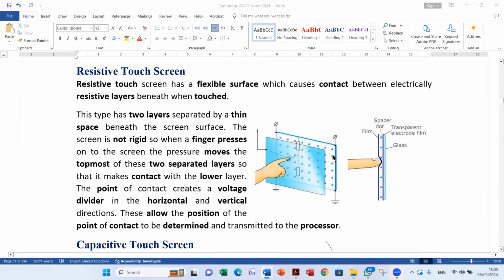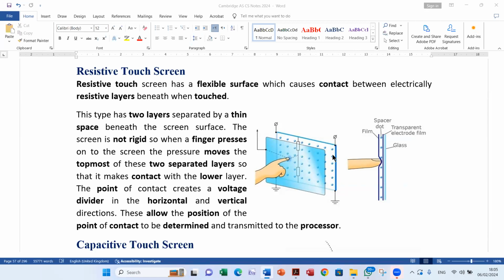This is the resistive touch screen. Look at this picture. The screen is a bit flexible. When you touch it with your finger, you make the upper surface touch the lower surface. And this completes a circuit inside the screen where electricity moves, creating a voltage divider.